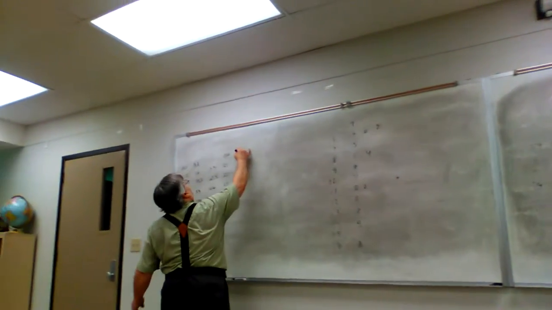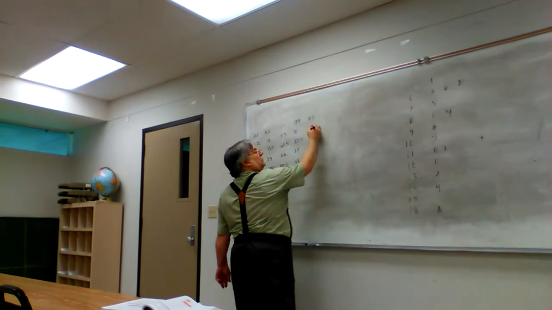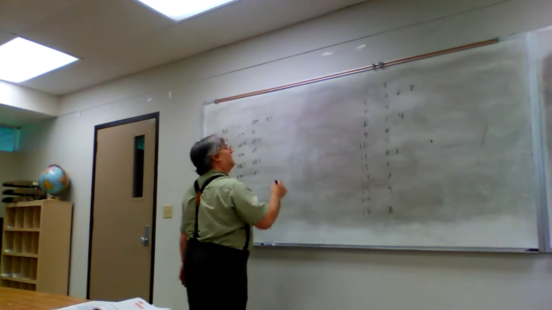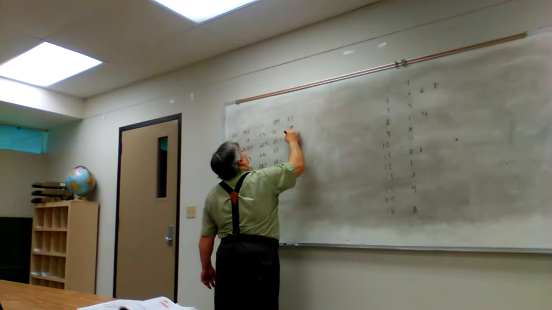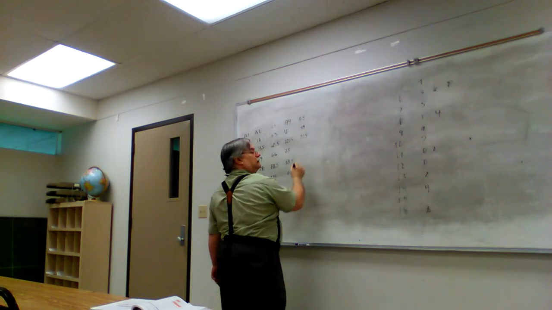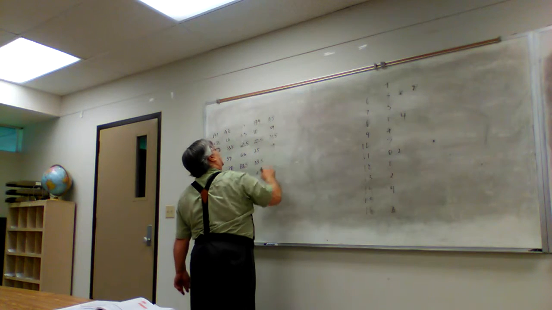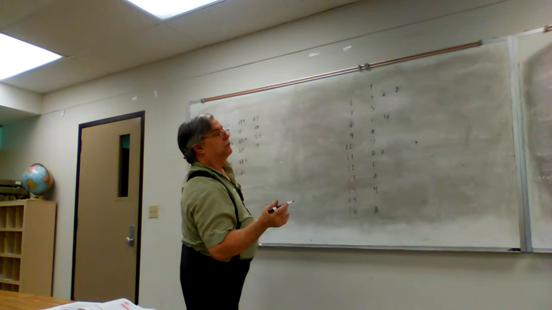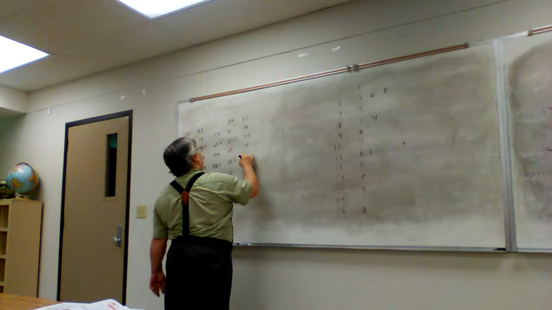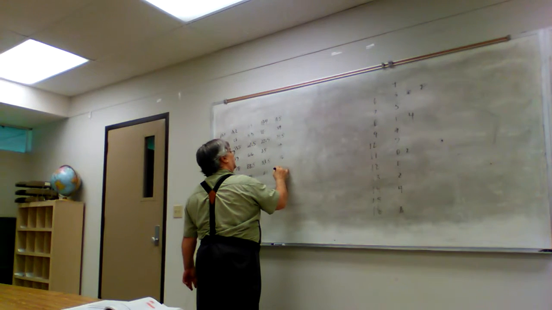So, A5, and we've got 59, 71.5, 99, 116, and what? 163.